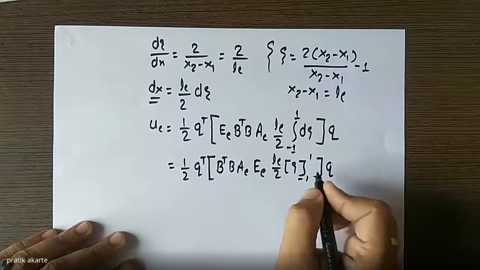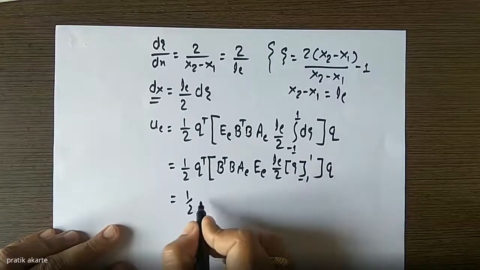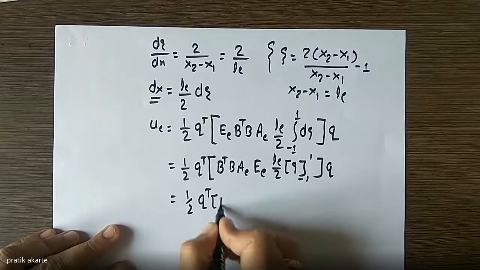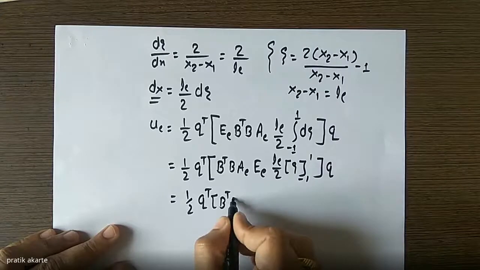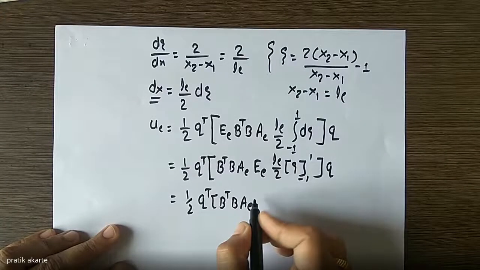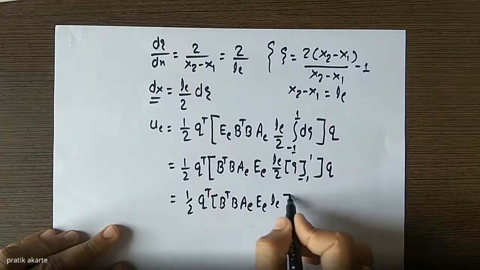So this is simply integration, and further solving it, I got q transpose B transpose B A E, modulus of elasticity, and length of the element, into q.